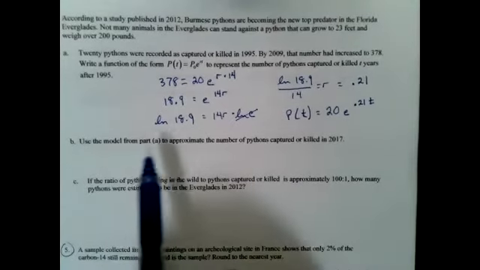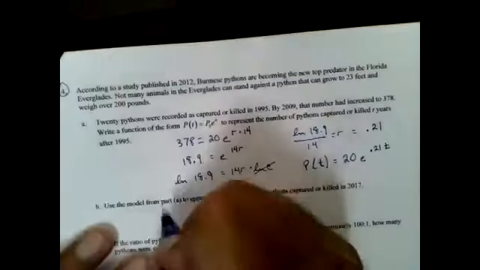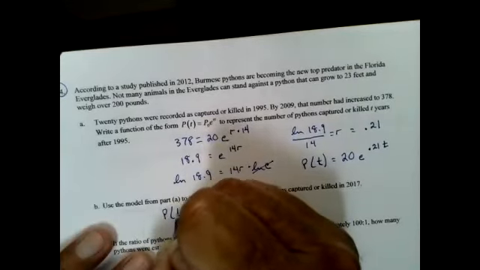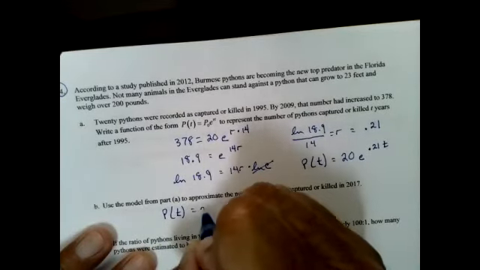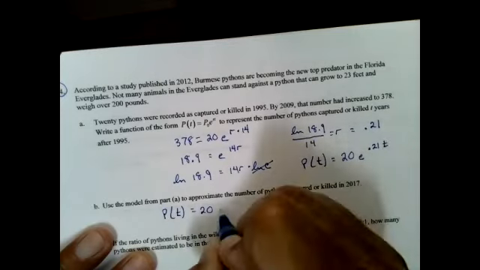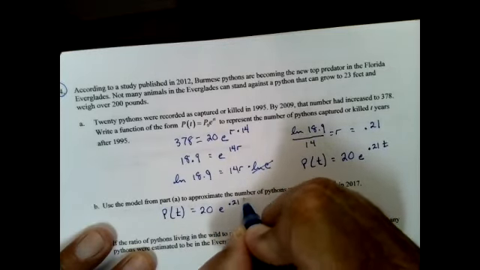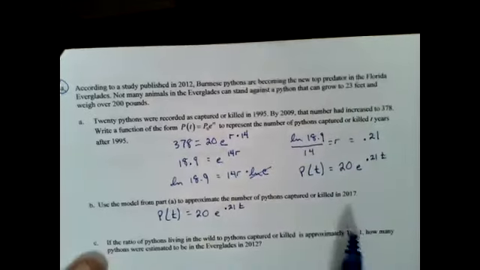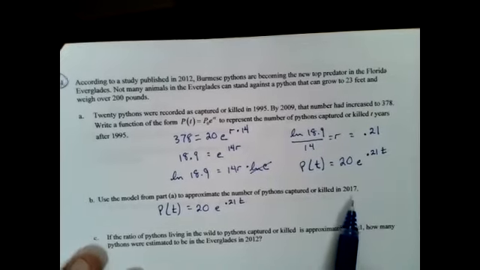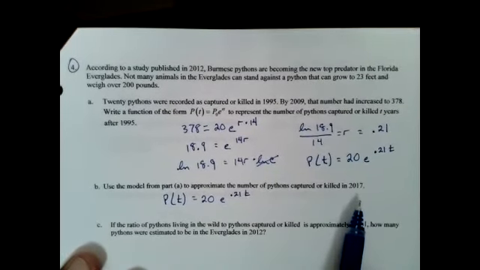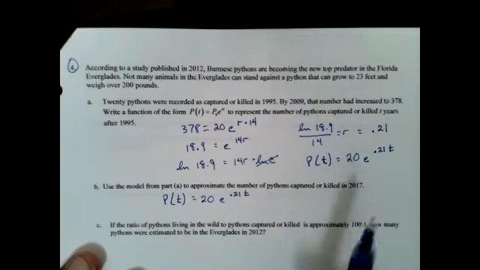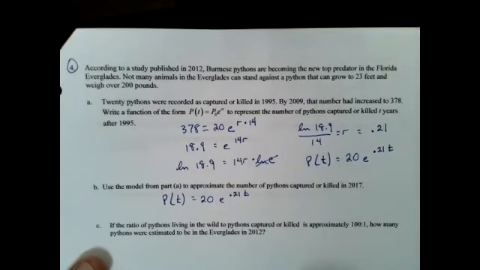Okay, so using the model from up above, our model is P sub t equals 20 e to the 0.21t power. This is now for 2017. So it looks like that's going to be about 22 years.